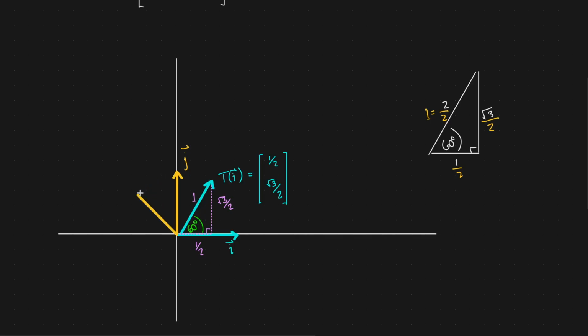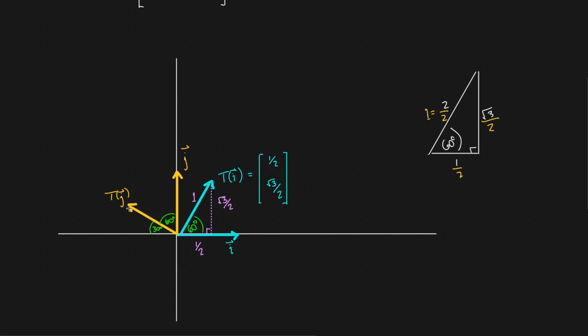15, 30, 45, 60, something like that. Oops. We have 60 degrees here. Now, rather than using this angle, I'm actually going to use this angle. Since I know all of this is 90 degrees, if this is 60, then this angle must be 30.